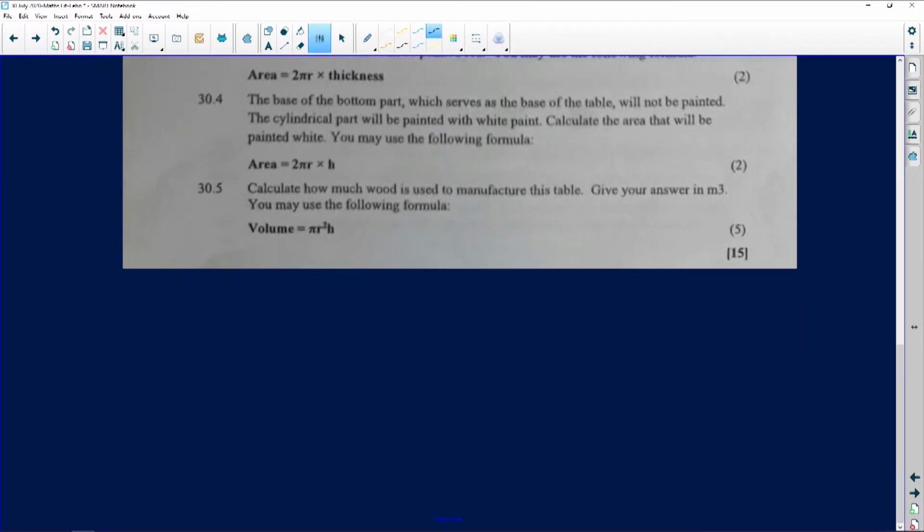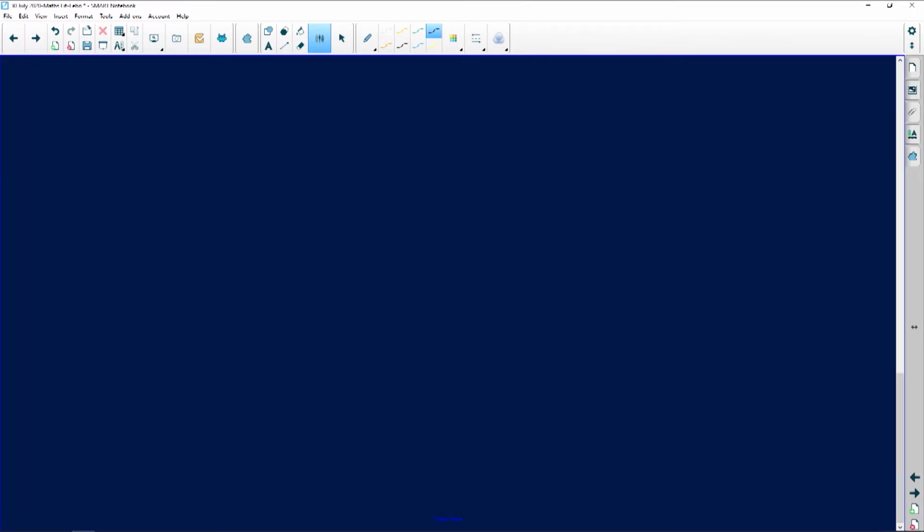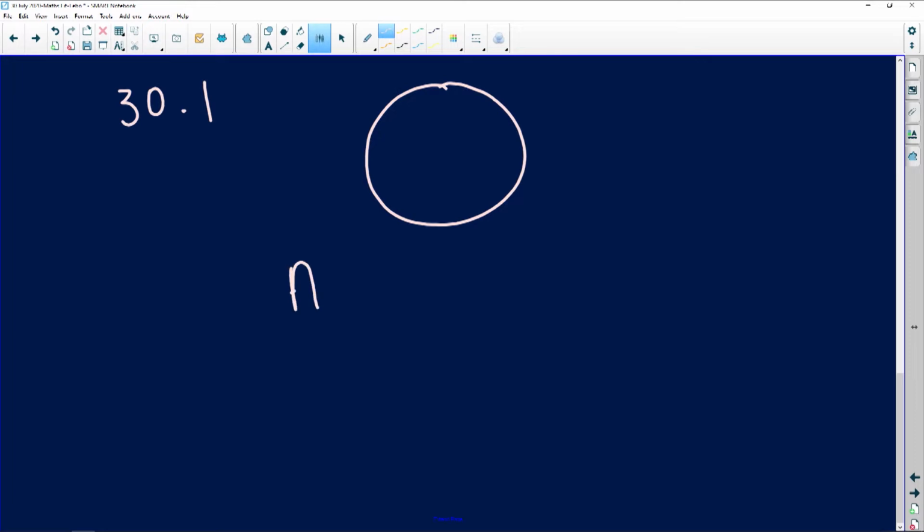You can go and redraw it for yourself. I'm just going to call that 30.1. If I have my circle and I'm asked for the area of that circle, and I'm told that the formula I need to use is area equals pi radius squared.